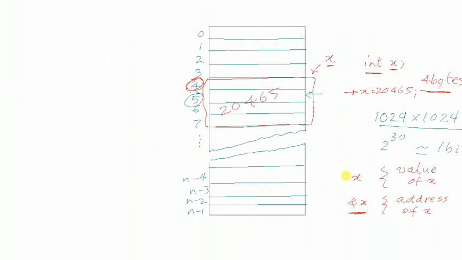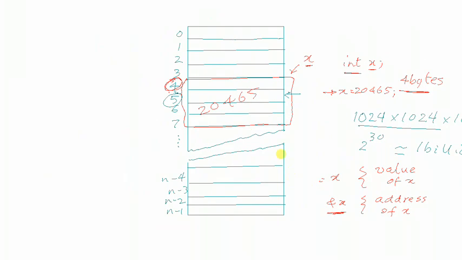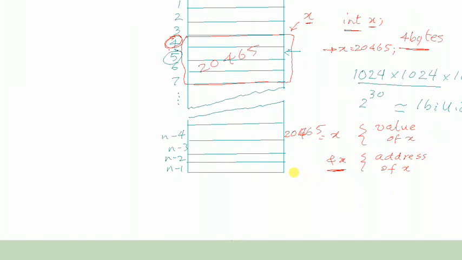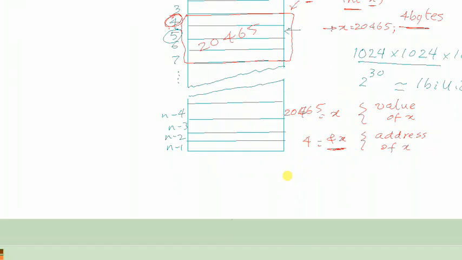So x in this example is 20,465, but ampersand x is the address of x, which in this example is 4.